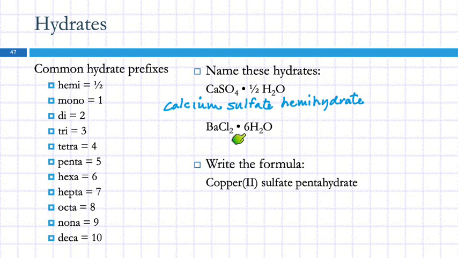How about this one? Barium, is it sulfite? Oh, it should be 2 because barium is in group 2. Yeah, barium does not need a Roman numeral, right? Because it's in group 2A. And then, let's cover that up.